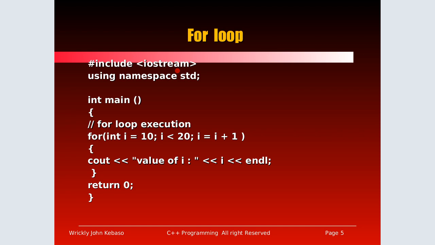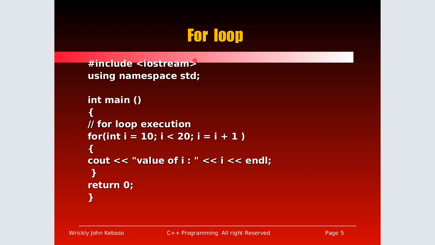Oh, so I want to repeat the entire statement so that you can get it. Hash include iostream. It is called a preprocessor directive. This part, hash include, is a directive.